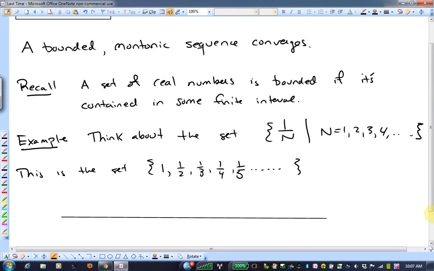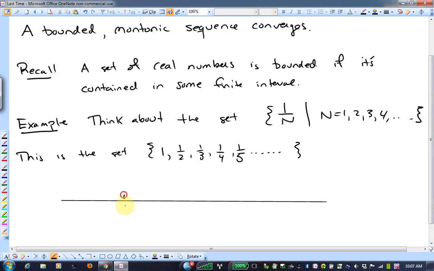And if you think on a number line, an approximately horizontal number line, here's what you have. There's the number 0. How about these guys are in blue? There's 1. There's 1/2. There's 1/3. There's 1/4. And you see I'm going to run out of room right here. I can't keep writing it forever, but that's what that is.